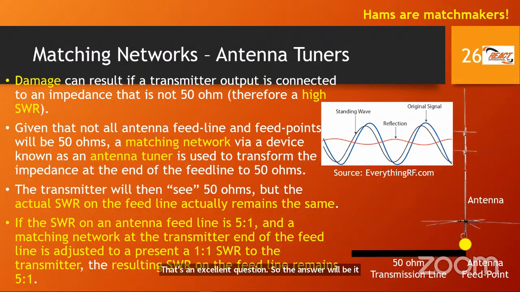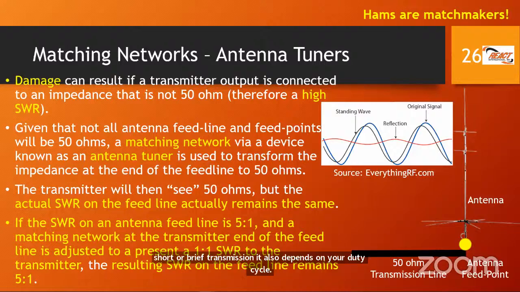If you are running high power, there's a very good chance that it can. If you're running low power, it depends on the length of transmission. If you transmit continuously for several minutes at a time, it probably will get to the point. If it's a very short or brief transmission, it also depends on the duty cycle.